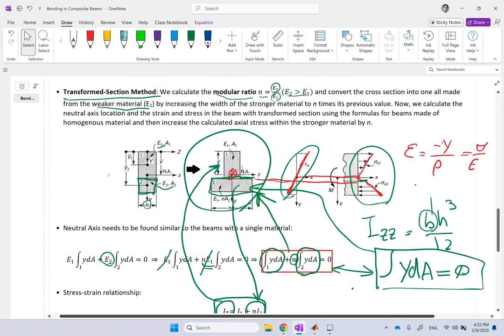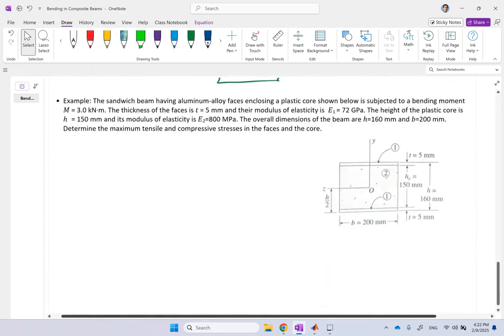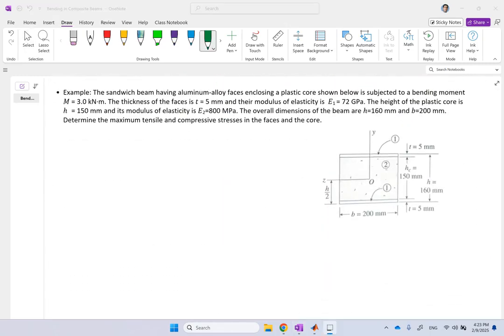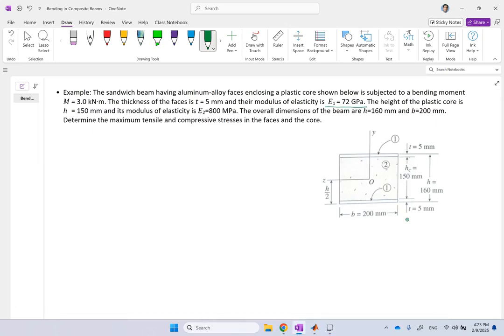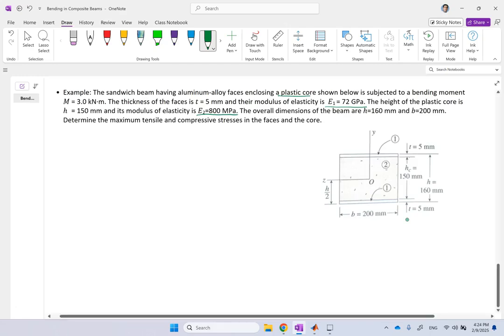Now, to put this all in practice, here we are going to look at this example. You have two plates or faces of aluminum on the top and bottom, material 1, which has a 72 gigapascal Young's modulus, and in between you are going to fill it with a plastic core, and the plastic core has a Young's modulus of 800 megapascal.